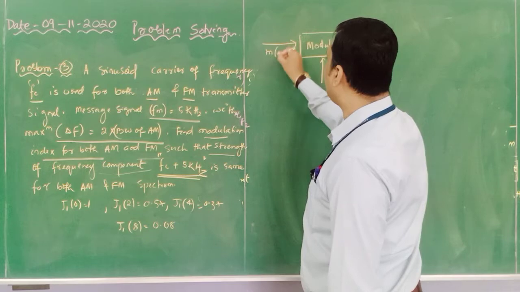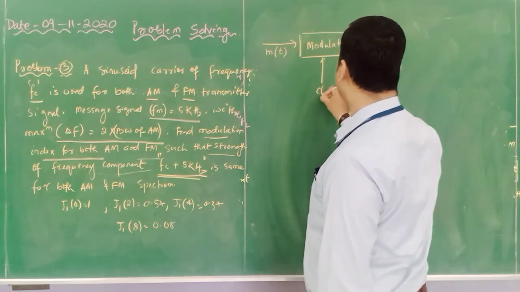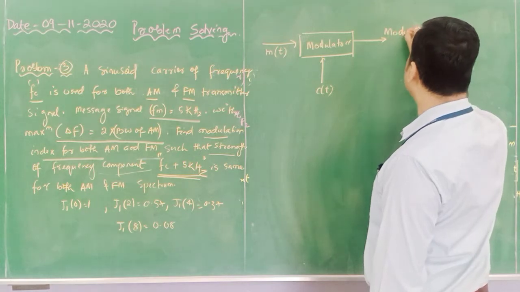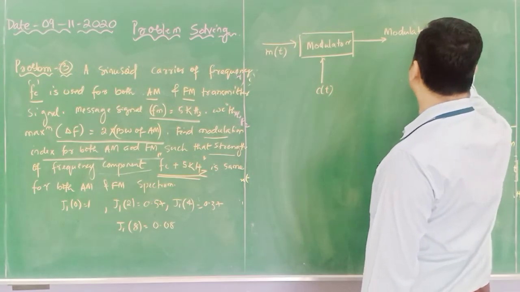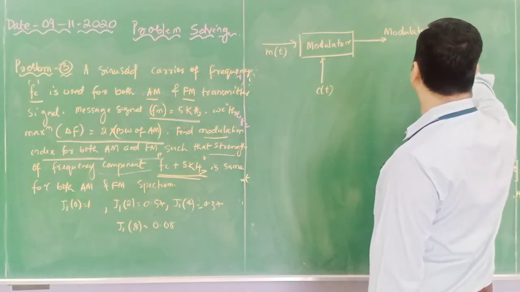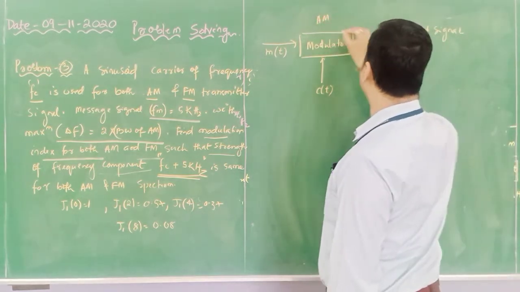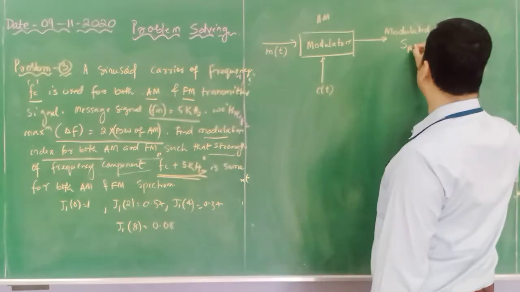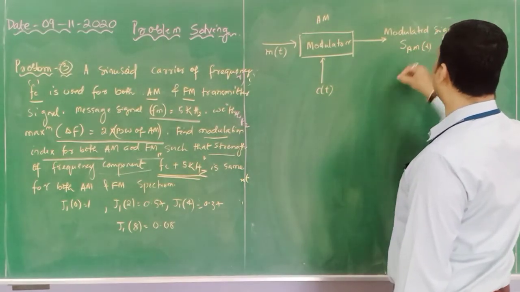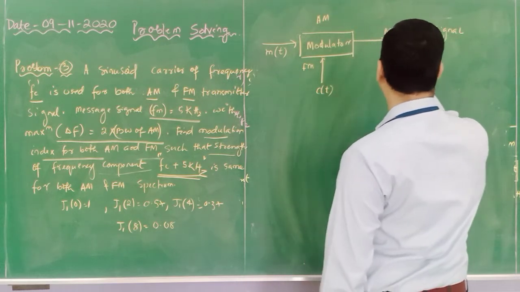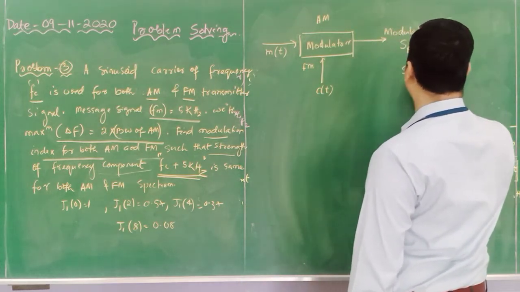So here is my modulating signal, here my carrier component, and here I will get the modulated signal. If this modulator is AM, I will get S_AM(t). If this modulator is an FM modulator, then I will get the FM signal.